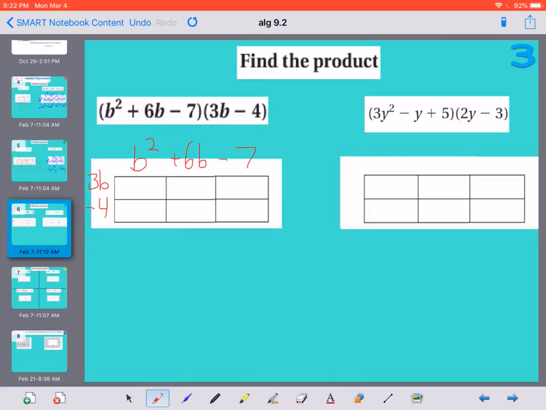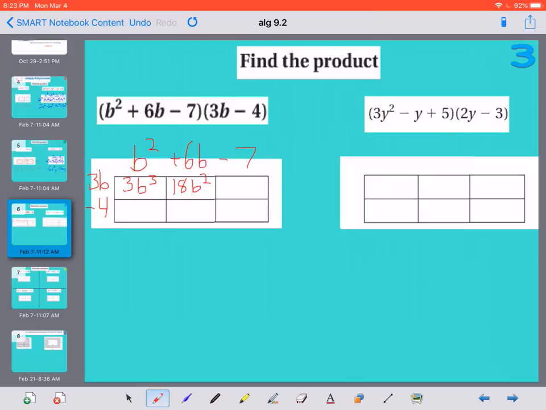I'm going to go 3b times b squared. Well, that's going to give me 3b. Now, b is 1 here, 2 here, so b cubed. 3 times 6 is going to be 18, plus b times b is b squared.